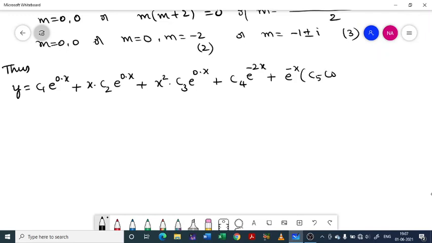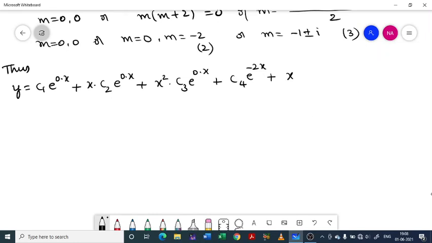Okay, I forgot one more thing, right? So 0 and minus 2 repeat 2 times. This I had to write before writing that.